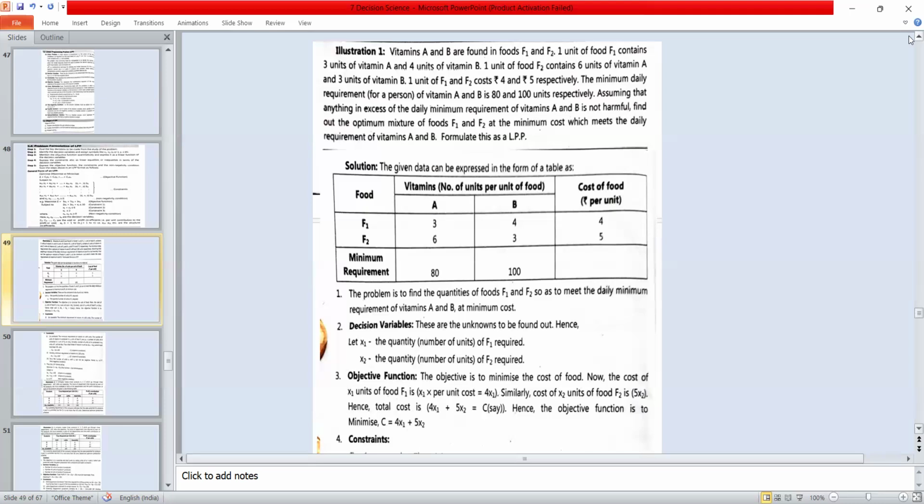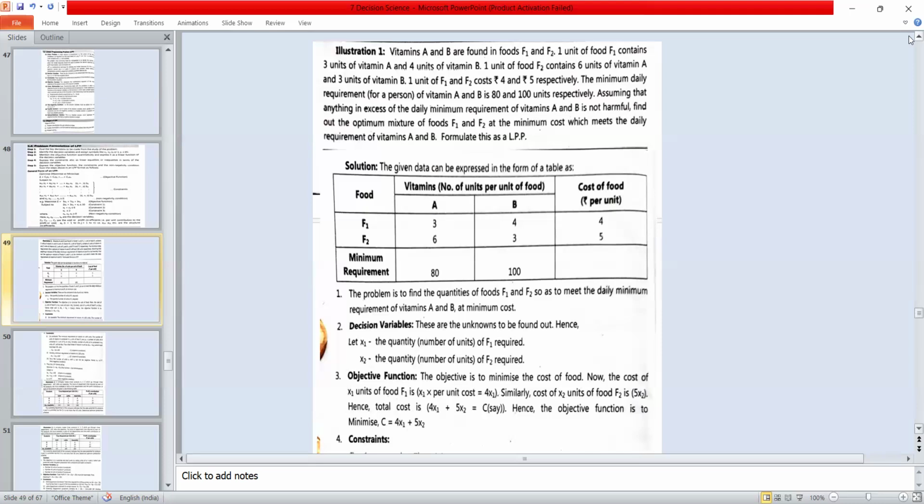We define the quantities of F1 and F2 to form a linear equation. Now the objective is to minimize the cost of the food. Now the cost of X1 units of F1 is X1 into the per unit cost. This is 4X1. Okay. So in the third column, if you see, there is a cost.